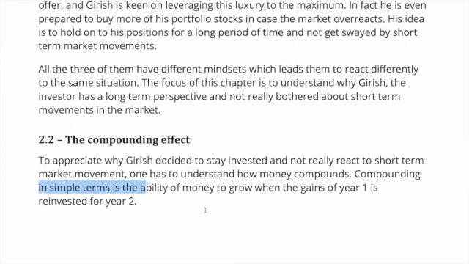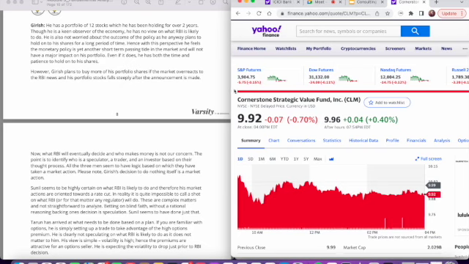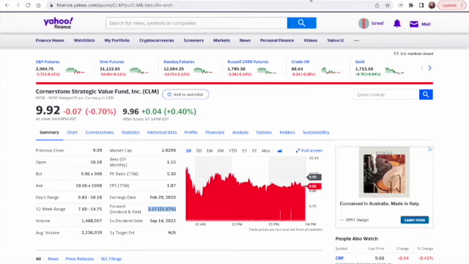Compounding effect, the ability to grow money when the gains of year 1 are reinvested in year 2. So what you can do as an investor, you could purchase a share of a blue chip stock, something that pays a dividend. And with your brokerage company, let's say you go with Fidelity or Charles Schwab, you purchase a share of CLM.